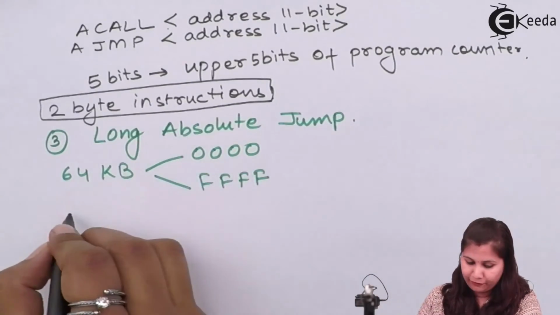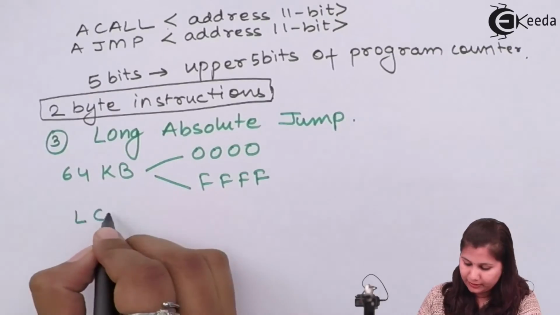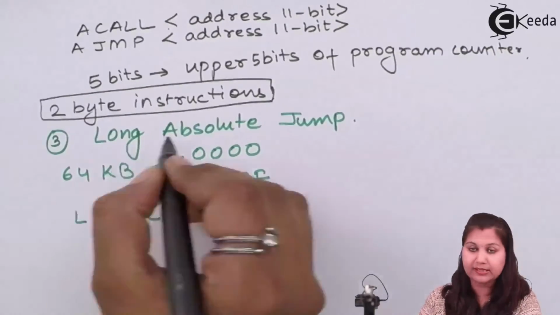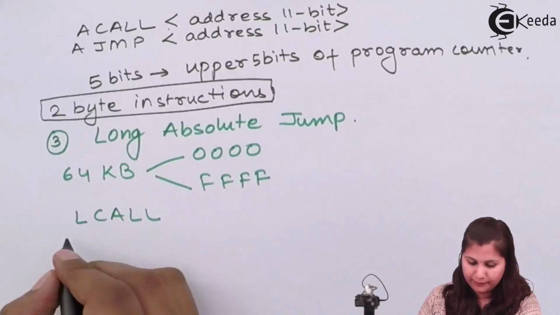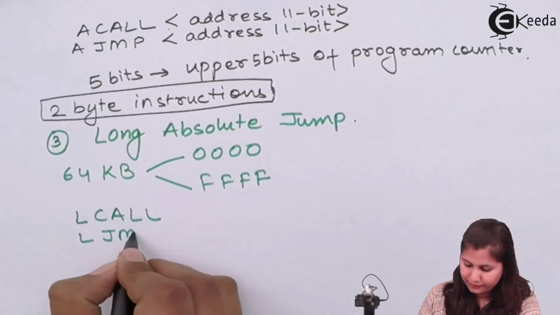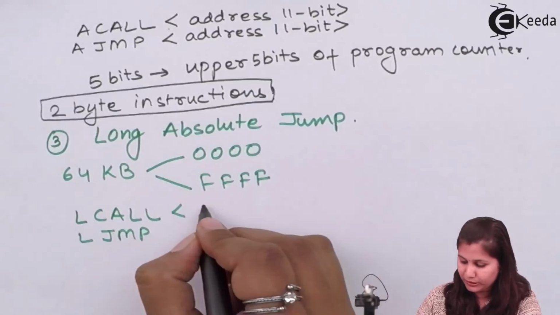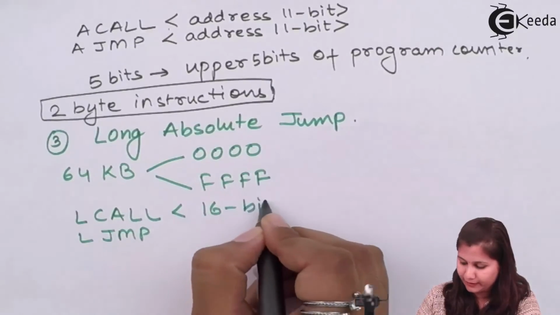Now here, the instructions which use this long jump are L call and L jump, where we have to specify the 16-bit address.